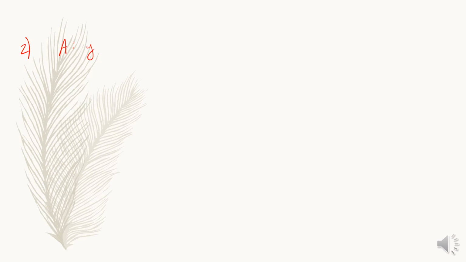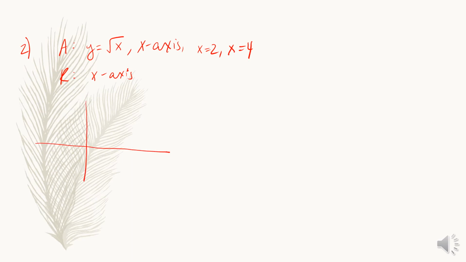This time my area is y equals the square root of x, the x-axis, x equals 2, and x equals 4. And we're going to revolve this around the x-axis. Okay. So again, first thing, let's draw our area. So square root of x is this curve.